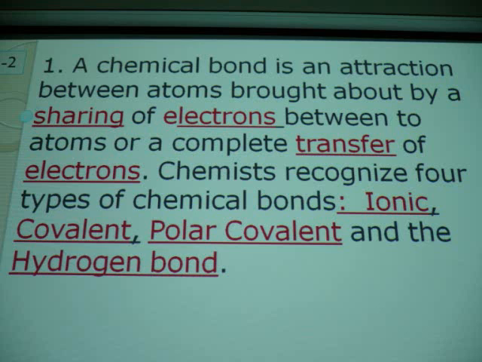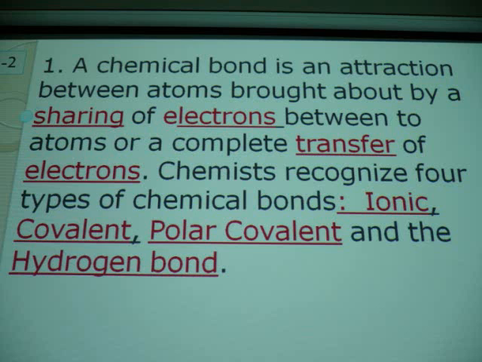You see my 4 kinds of bonds at the very end of it? Ionic, covalent, polar. Some people would take polar covalent and put it under covalent. I debated whether to do that or not, but there's enough to say about polar covalent. I give it its own rank by itself. But obviously, polar covalent is a kind of covalent bond. That shouldn't be anything to throw you off.